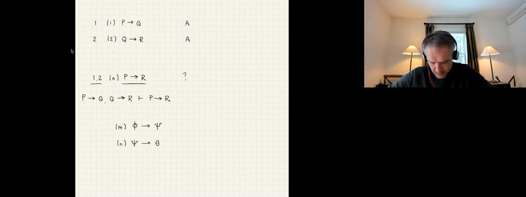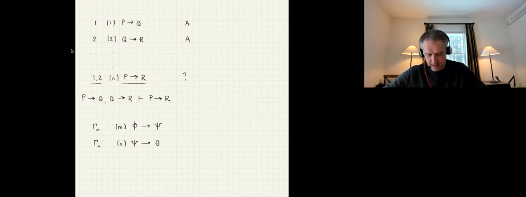Now, in this case, who knows what the dependencies are? So I write gamma sub M, that means whatever the dependencies of line M are, gamma sub N, whatever the dependencies of line N are, it doesn't matter. But then the derived rule you get from the sequent you proved above says, aha, these two sentences here, they yield the following sentence.